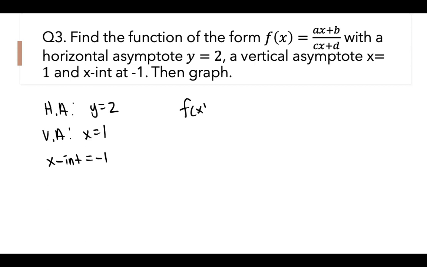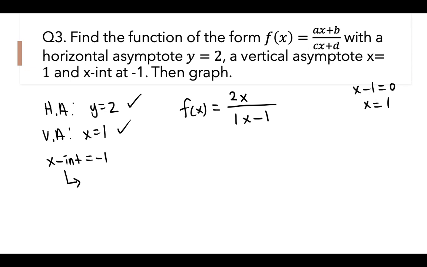So f of x, the degree is the same, and it's going to be 2/1. And we have a vertical asymptote at x equals 1, so it must be x minus 1, right? So that when you set the denominator equal to 0, x is equal to 1. So you think opposite.